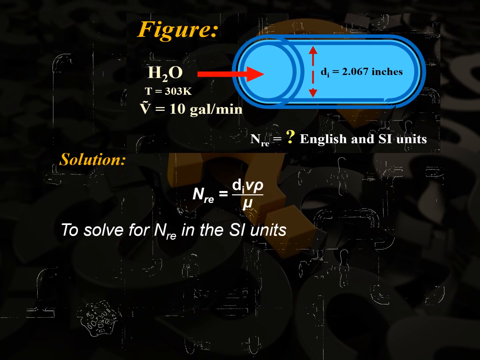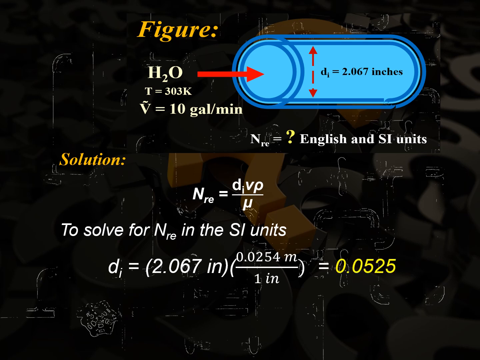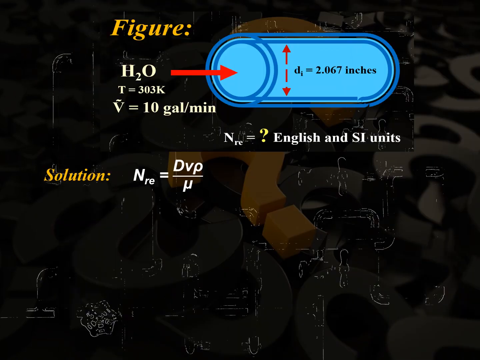We will now go to the next requirement of the problem, solving NRE in the SI units. We start with converting the diameter to meters. The diameter is equivalent to 0.525 meters. Then, if you recall, we were given the volumetric flow rate V equals 10 gallons per minute.